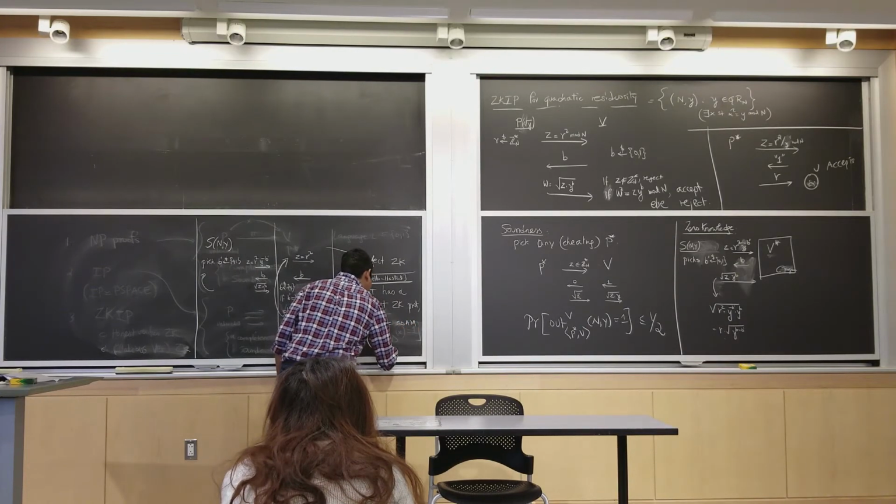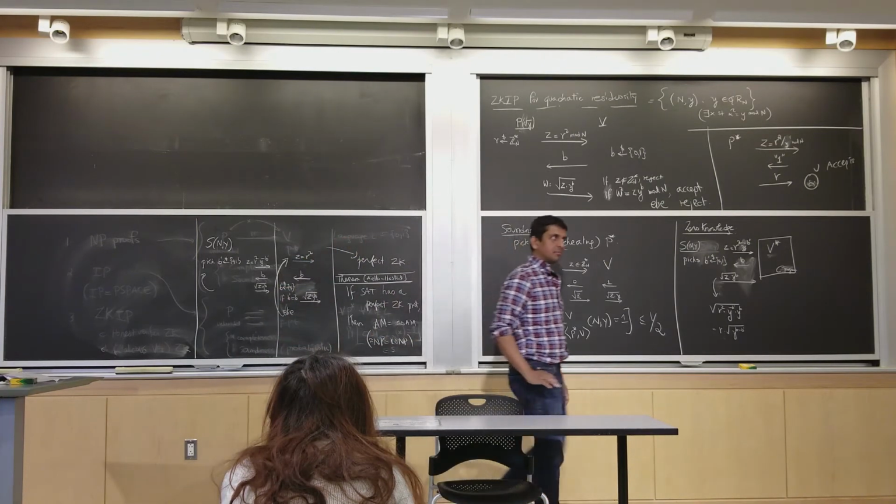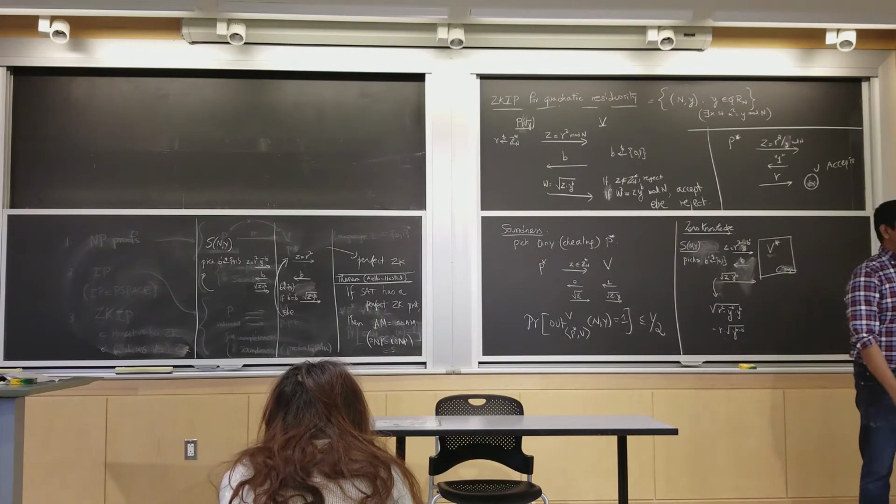Another way to say it is, you should think about it as, roughly speaking, NP equals 1P, which is very unlikely. So it's really extremely unlikely that SAT has a perfect zero-knowledge protocol.